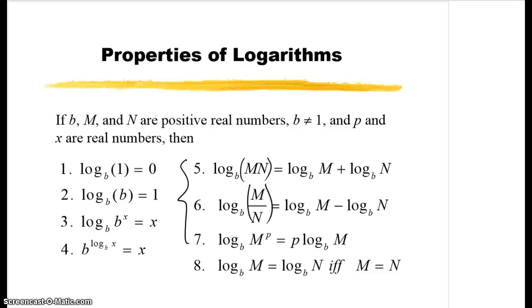And finally, one of the more helpful rules is rule 7. When you have log base b of some value m raised to a power p, where p is a real number, you could take the p and bring it down in front and make it a multiple. So it becomes p times log base b of m, without the p being there anymore. Okay, this is a really helpful property, as you'll see in a sec.